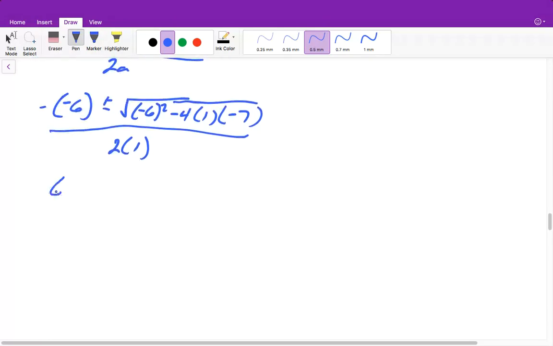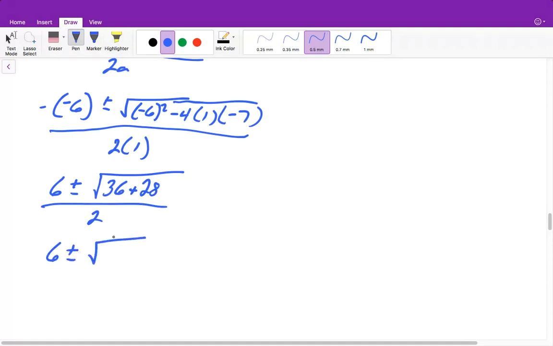So then this will give me positive 6 plus or minus the square root of 36, because -6 squared is positive 36, plus 28, all over 2. So 6 plus or minus the square root of, well, 36 plus 28 is going to give me 64, over 2.